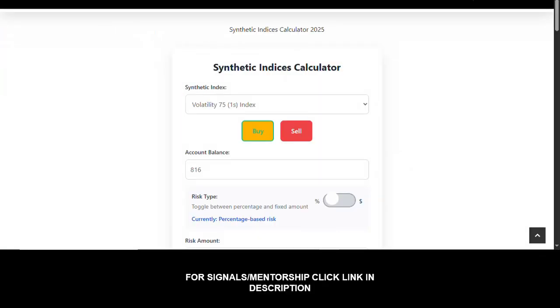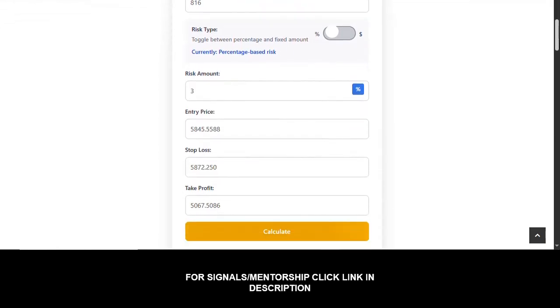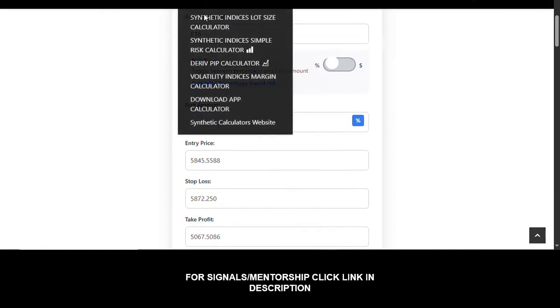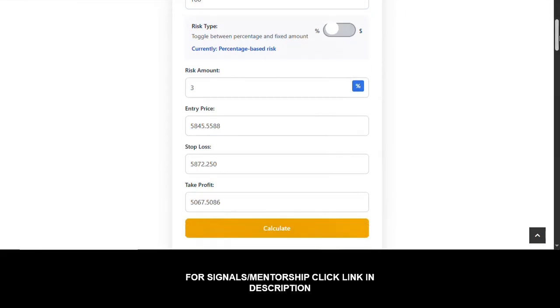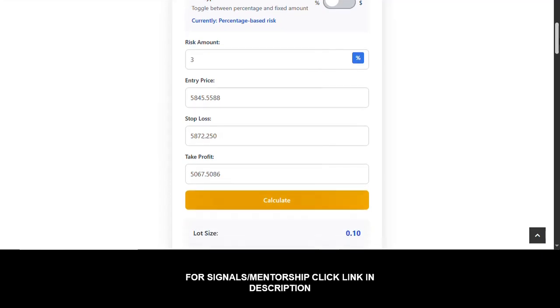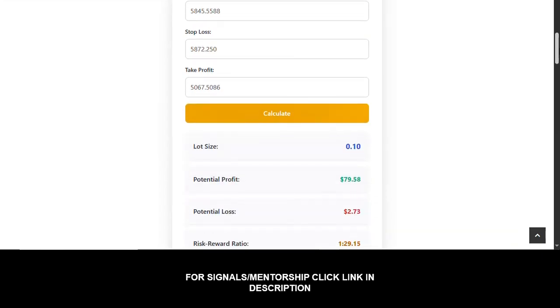Okay, so let's say we are still using the same example. We are not starting with 800. Let's say you only have like $100. Maybe you just started with $100 and you're risking 3% with the same trade that was taken.